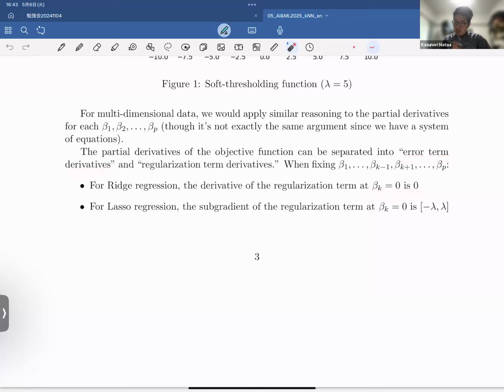However, for lasso regression, when beta k is zero, the partial derivative of the objective function can be zero as long as the partial derivative of the error term falls within the range minus lambda to lambda. This is why lasso regression can selectively set parameters to zero. That's the background for the difference.